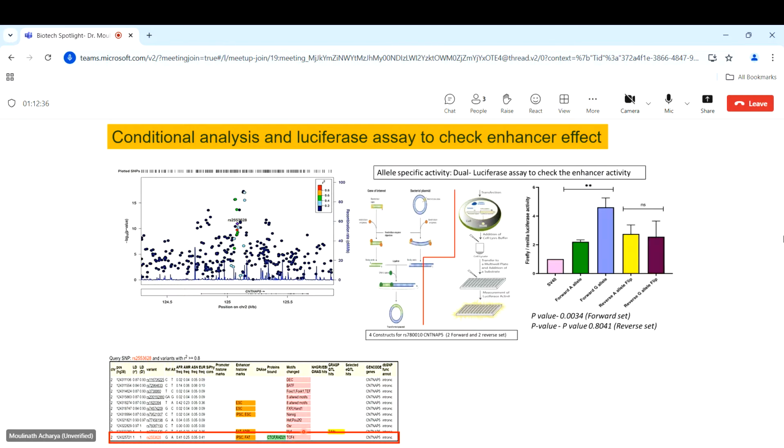And what we have done next is allele specific activity of this SNP. And we have found that indeed they have shown a different allele specific activity for different alleles. The luciferase activity is shown. So this is more like an enhancer activity because this SNP is present in an enhancer region.